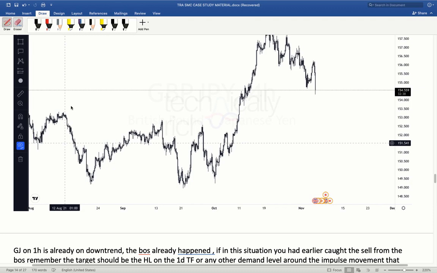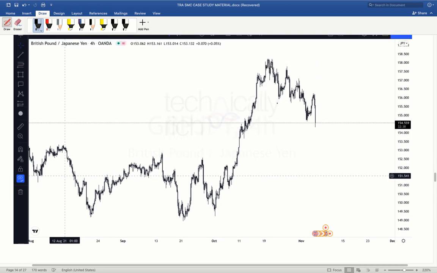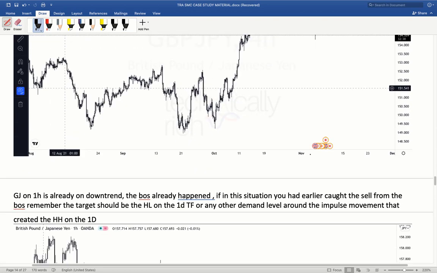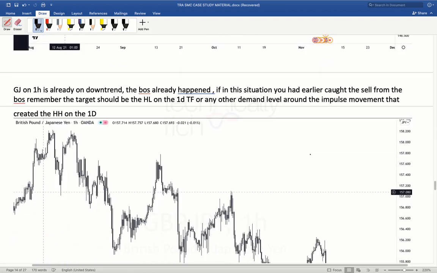That higher low on the daily is what you're targeting, because the daily time frame is pulling back. When the daily is doing that retracement or pullback, the 4 hours, 1 hour, or the lower time frames, 30-15 minutes, will be in a strong downtrending market, as what we are seeing here. But you understand that you're just trading a pullback of the daily time frame.